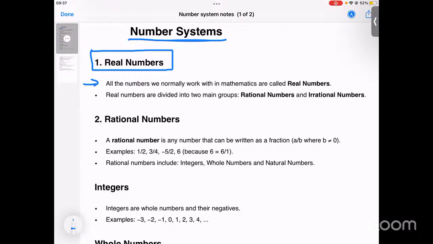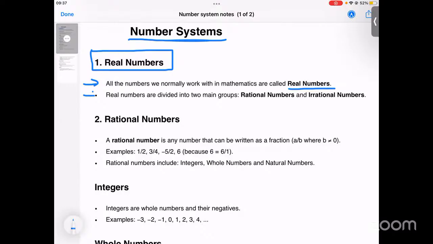At a later stage, you might find that there is what we call non-real numbers. Maybe those are the ones when you punch on your calculator and press the equal sign, it gives you an error. But the ones that do not give you an error and give you a number, those are the real numbers. Very, very important.